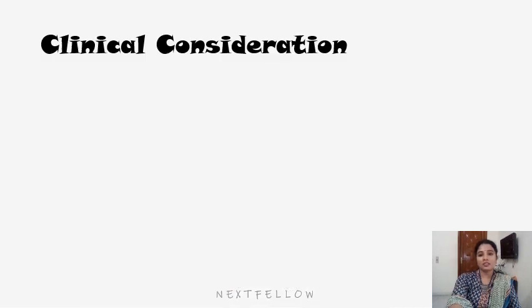Clinical considerations, two things to be noted. One is appendicitis, inflammation of appendix. Appendicitis usually begins with the obstruction of appendix lumen, due to fecalith or fecal concretion, and lymph node hyperplasia, followed by distension of appendix.